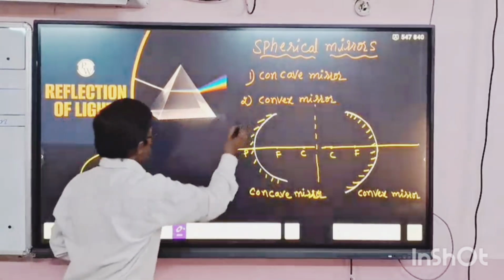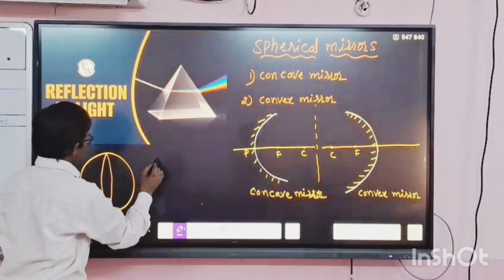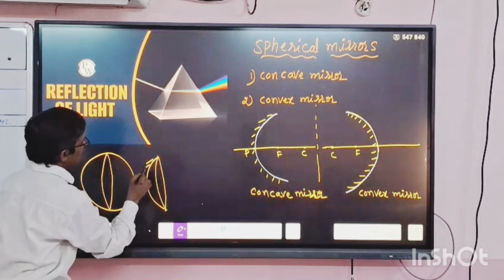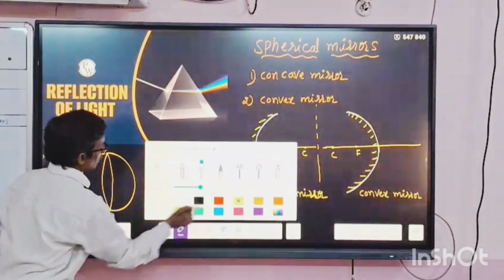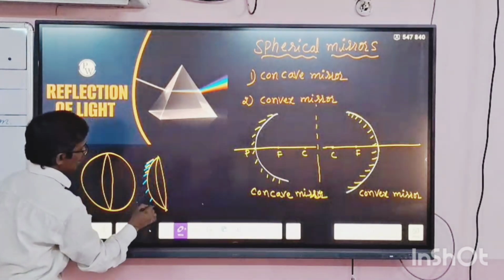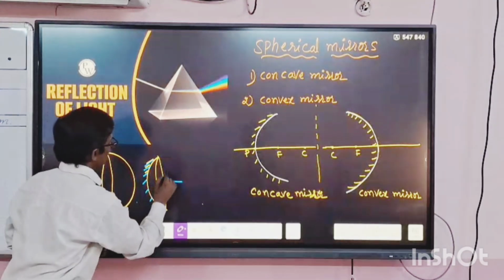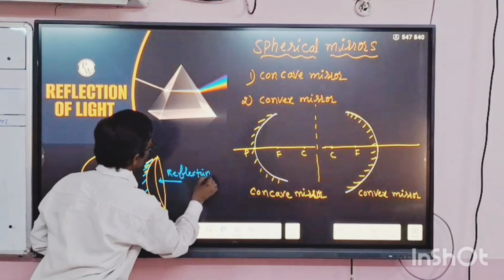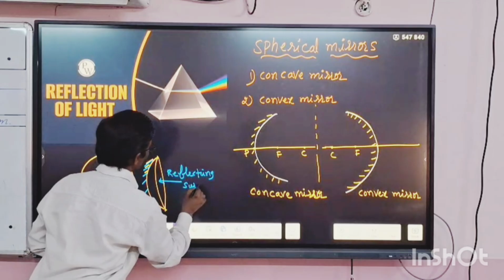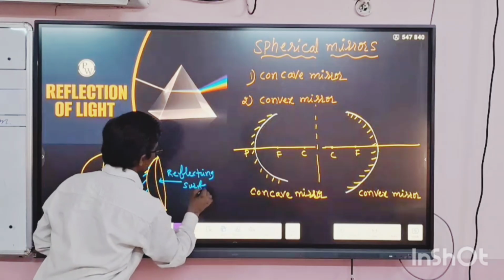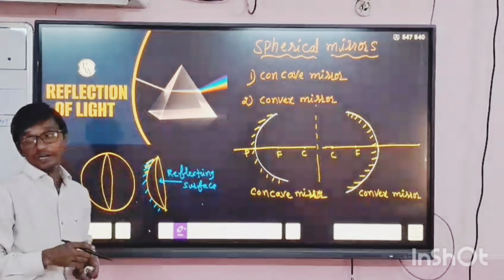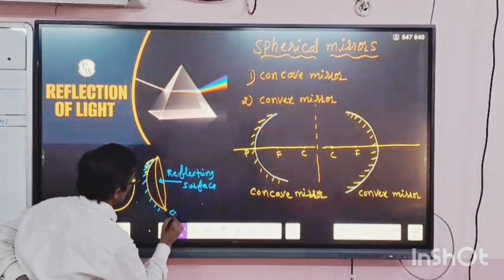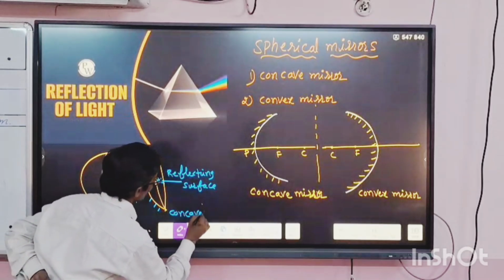If the outside is silver coated, the inside acts as a reflecting surface. This mirror is called a concave mirror: the mirror whose reflecting surface faces inward.